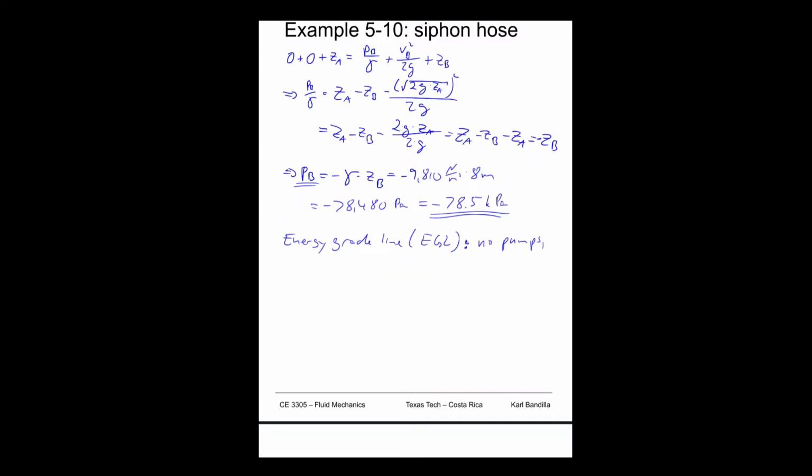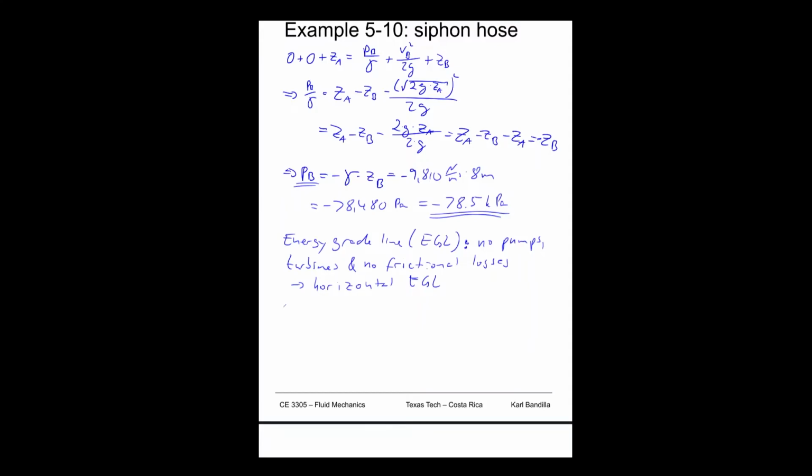There are no turbines. And no frictional losses. What does that mean? Means that we get a horizontal EGL. All we have to do is figure out at what level it is.